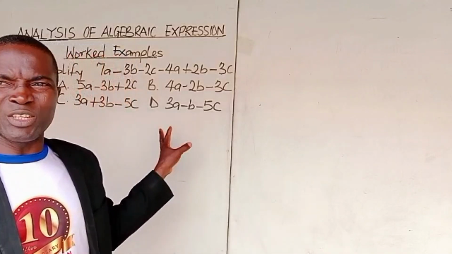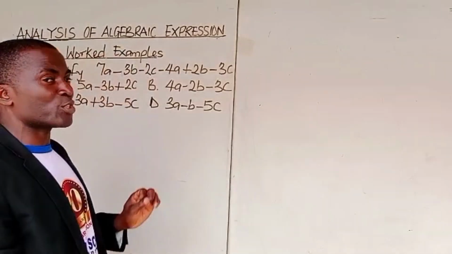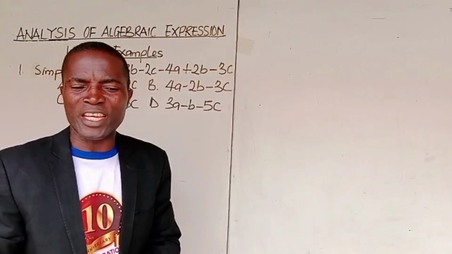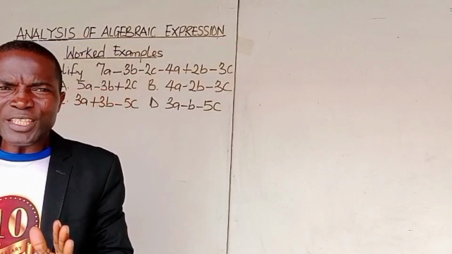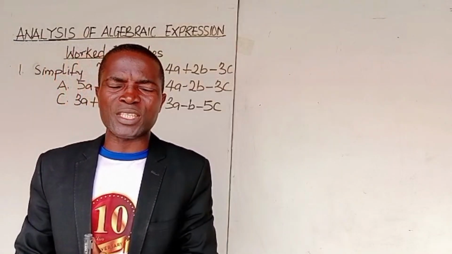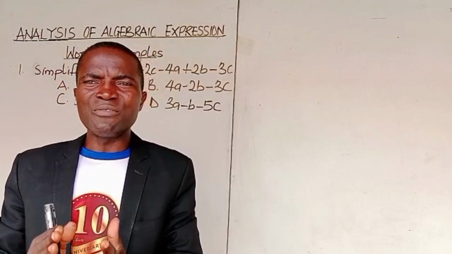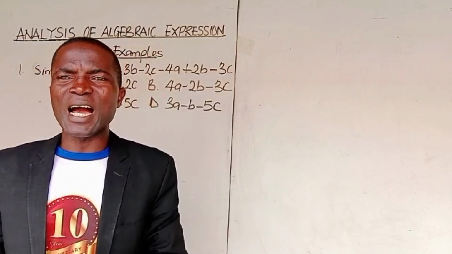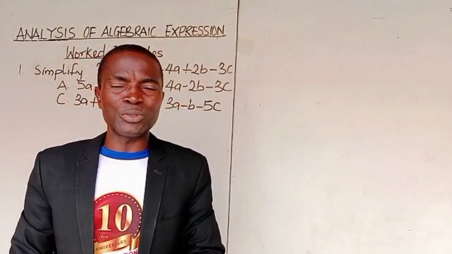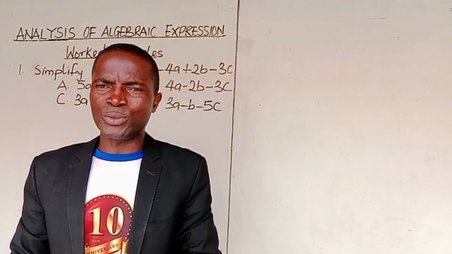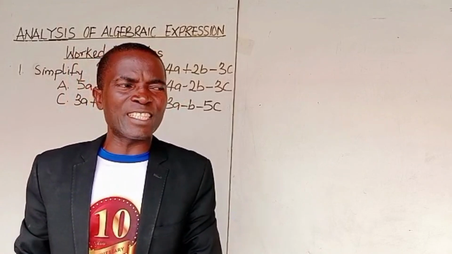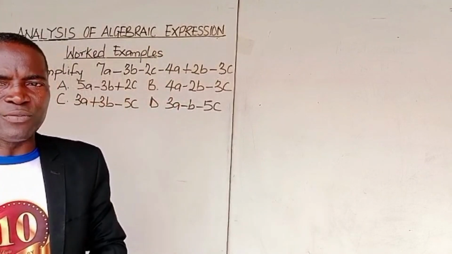So we are now in another step of algebraic expression. And so when we say analysis of algebraic expression, this aspect deals with constants and variables that are more than one. You have the like and unlike terms already involved.